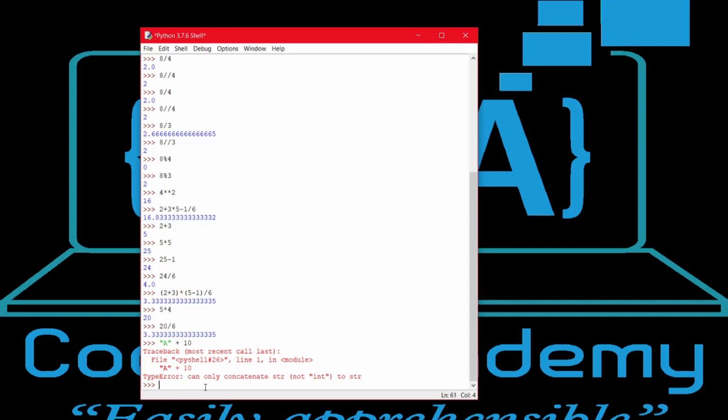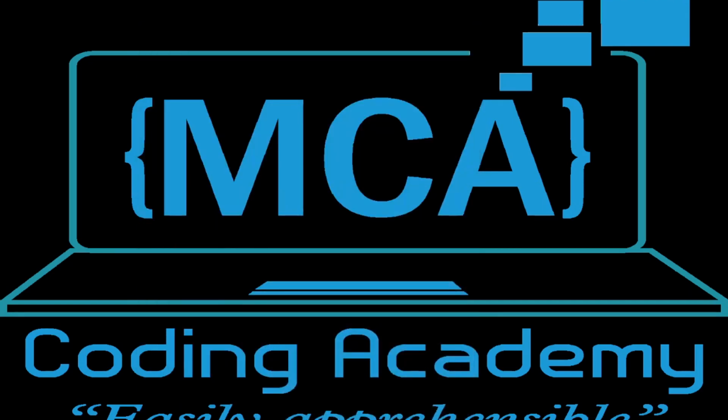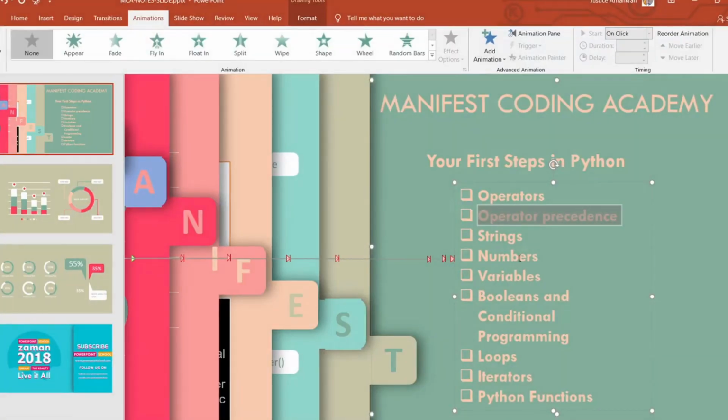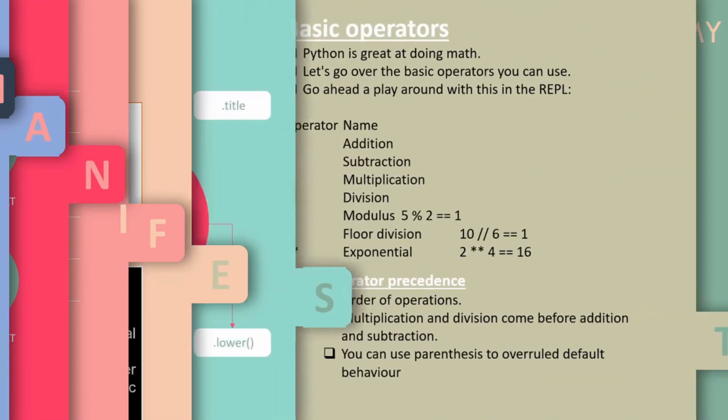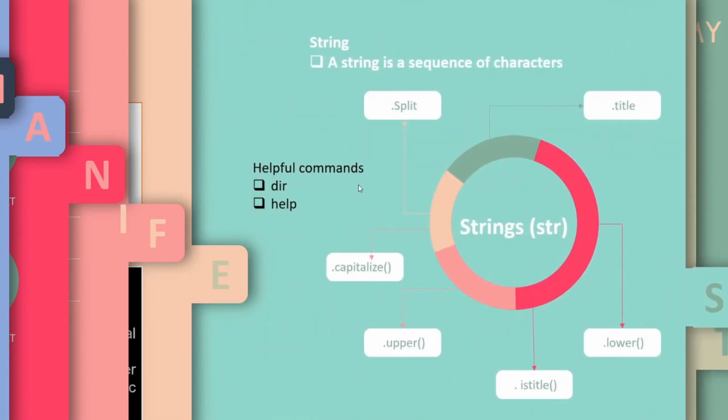So this is a string. Okay, and then let me go back to the slide and show you something. Okay, so I said a string is a sequence of characters. Okay, it's just multiple characters that you put together. That is what you call a string.